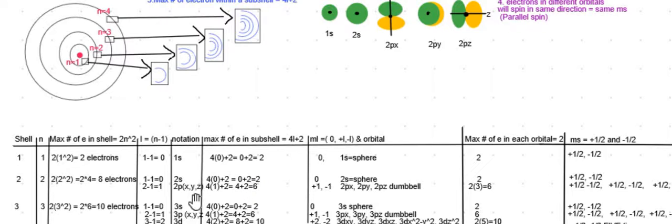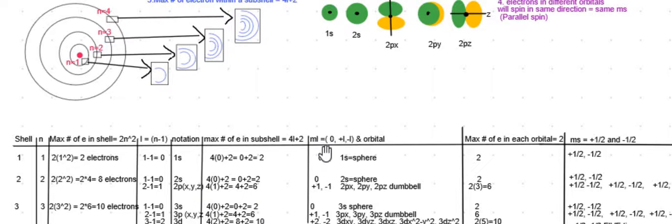Plug in 1 for L and you get 6. The reason you get 6 electrons is because there are 2 electrons in the 2px orbital, 2 in the 2py orbital, and 2 in the 2pz orbital. So altogether, it's 6 electrons for the 2p orbitals.